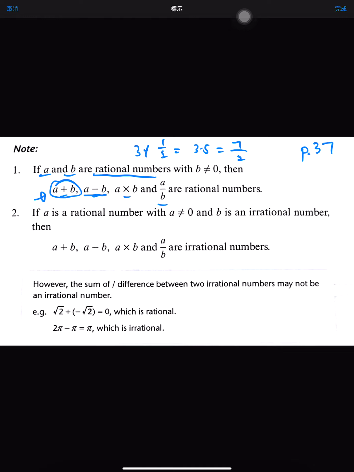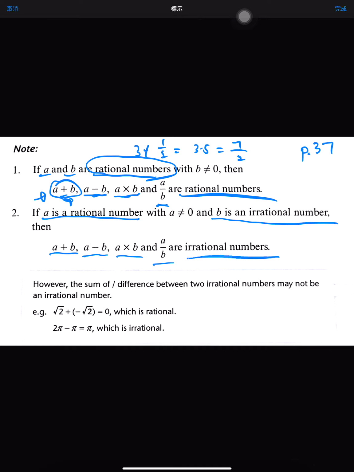So for subtraction, also correct. For multiplication, also correct. For division, also correct. That means if both of them are rational, then whatever operation you do, the result will also be rational. For the second point, if one is rational and the other one is irrational, then the operation for any plus, minus, times, or division is also irrational. For example, pi plus 2: this one is irrational, this one is rational, then this one will be irrational.